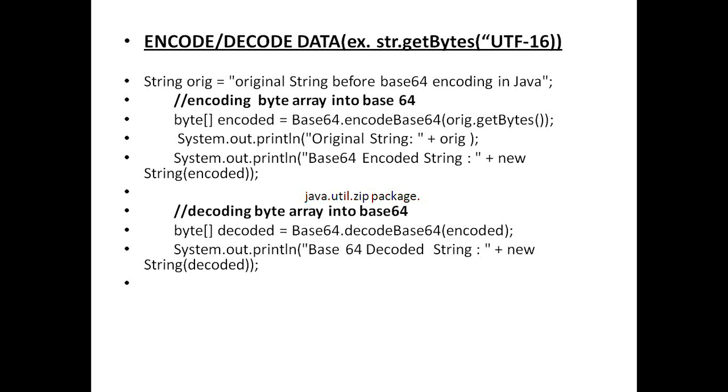I save the memory, I save the space, and I get performance tuning. So try to encode and decode the data as I'm showing in this example. You can use different classes like Base64 classes, Base32 and so on. Whatever encoding or decoding format you use, make sure that it is really giving the benefit of reduction in the storage space. The size of the original data should be reduced during encoding.